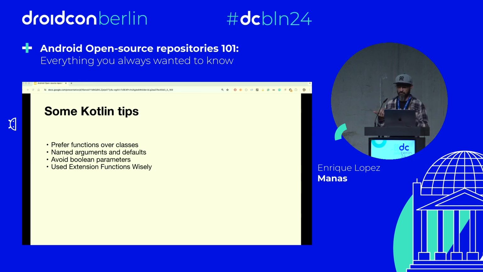Every new addition is going to break everybody's builds. We should avoid Boolean parameters. Instead, if we have a Boolean parameter, we should probably consider an enum or a sealed class, because we can reflect values in a more linguistic way, with things like this should be added or this should not be added. Sometimes just adding a true or a false, especially if you're not naming them, can be confusing.